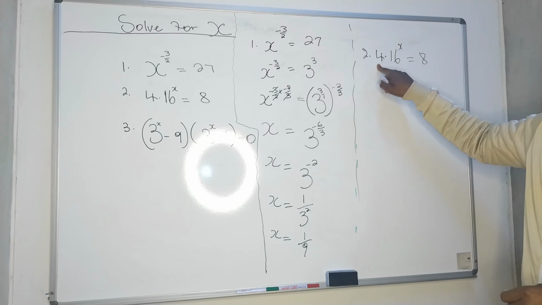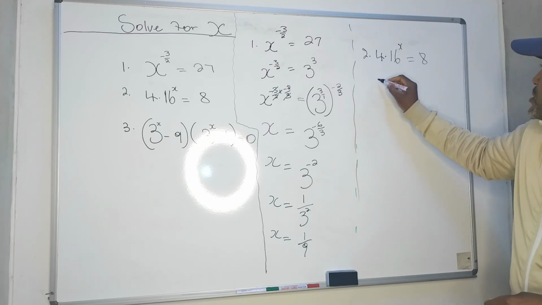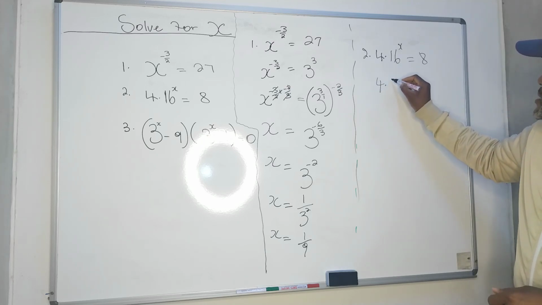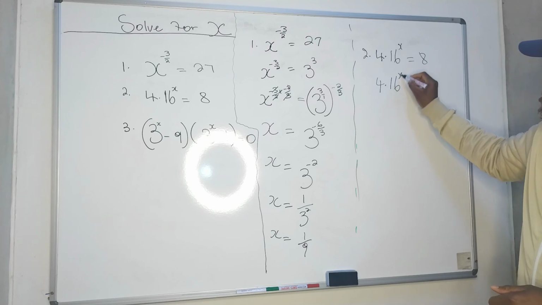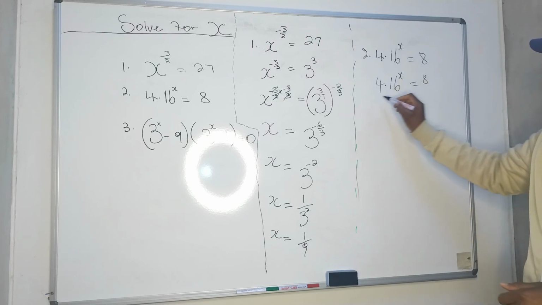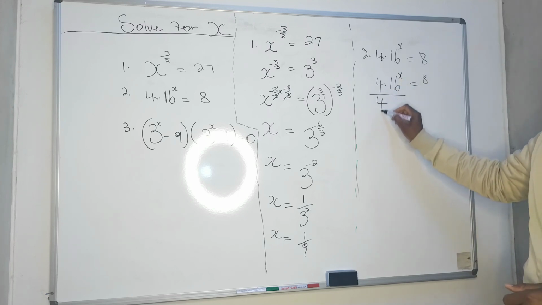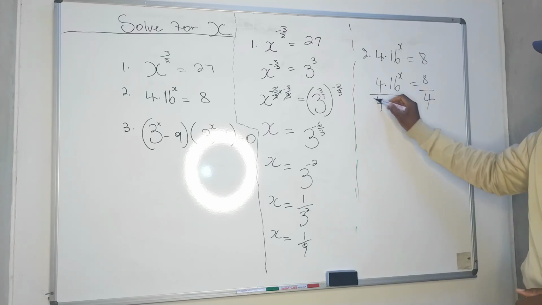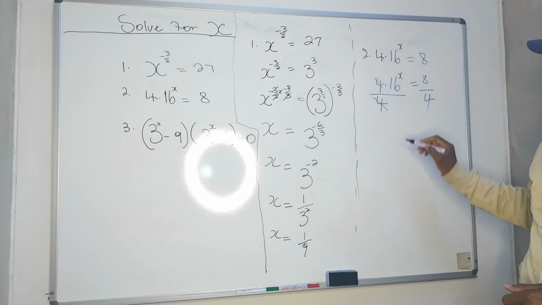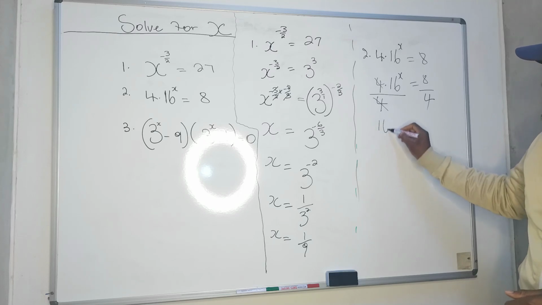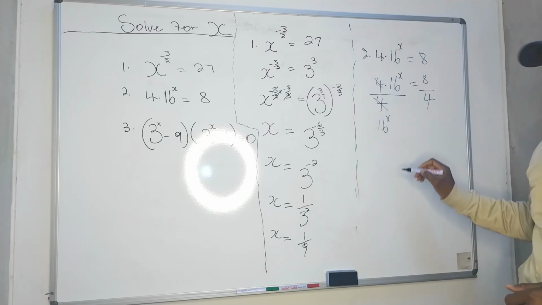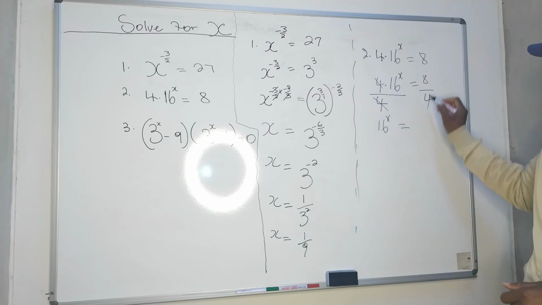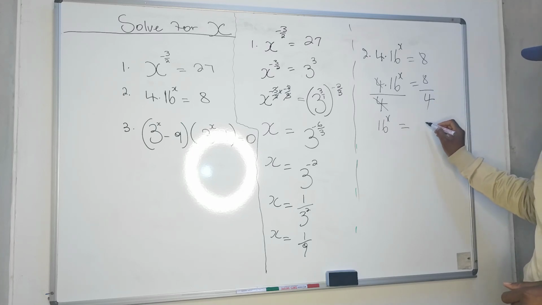The coefficient here is 4. Divide both sides by 4. Then 4 will cancel 4. You remain with 16 raised to x is equal to 8 divided by 4, which is 2.